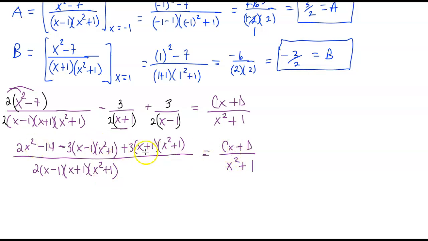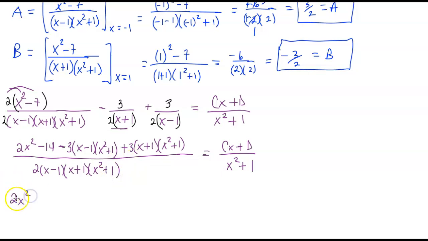And whatever I have in the numerator should be some term times x plus another term, which would be a constant. And from that, I can extrapolate what my C and D values are. Okay. So let's go ahead and do that now.